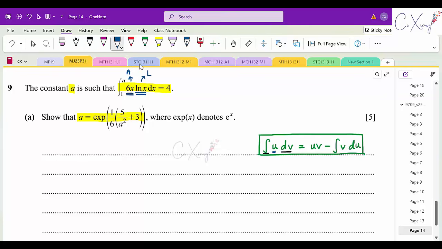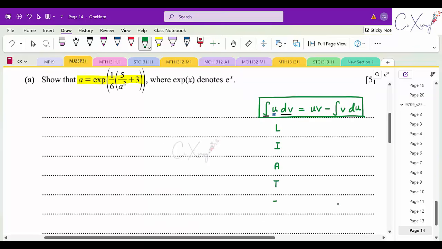Alright, then basically we have one general rule to apply. You can use LIATE or ILATE, both are the same actually.